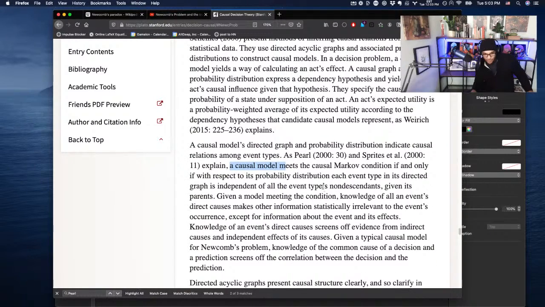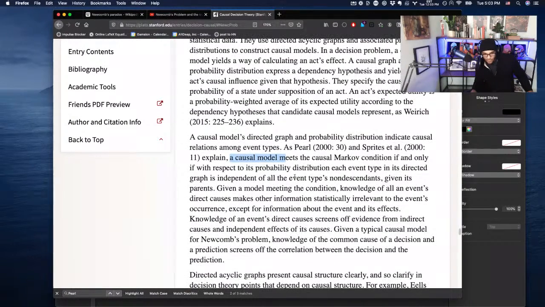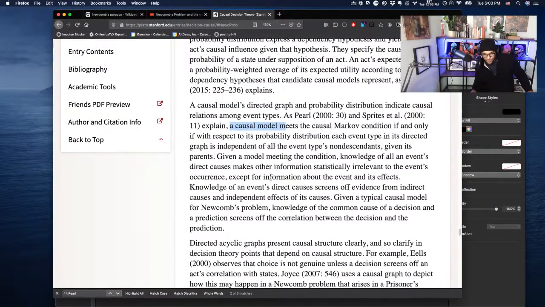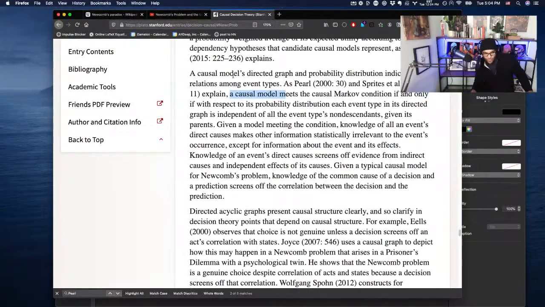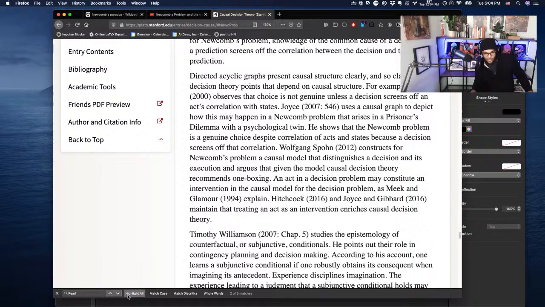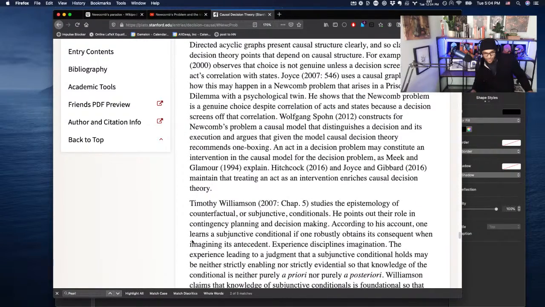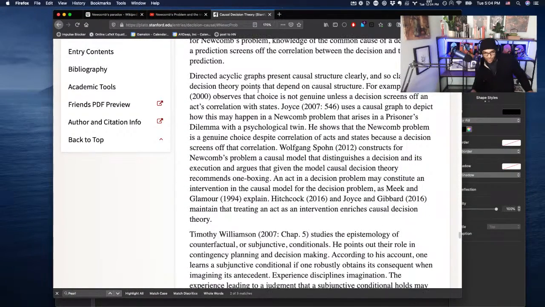A causal model meets the causal Markov condition if and only if... Directed acyclic graphs present causal structure clearly and so clarify decision theory points that depend on causal structure.